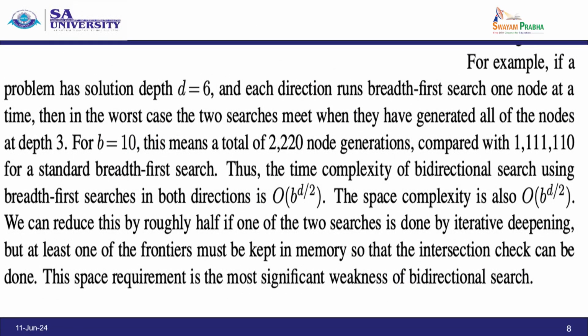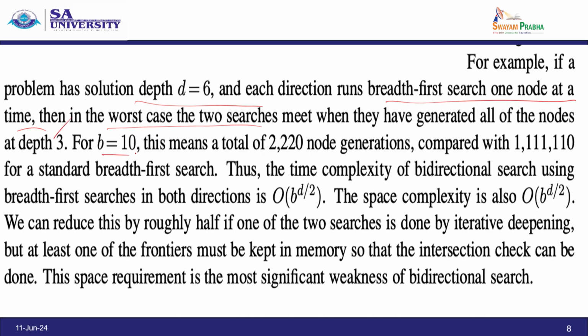For example, if a problem has a solution depth d equal to 6 and each direction runs a breadth first search one node at a time, then in the worst case the two searches meet when they have generated all of the nodes at depth 3.